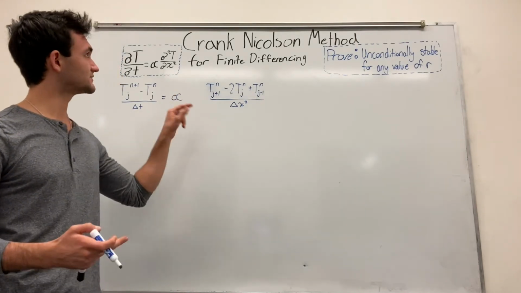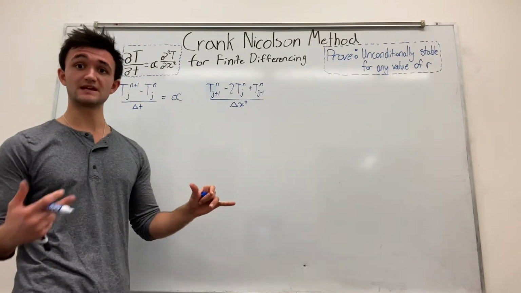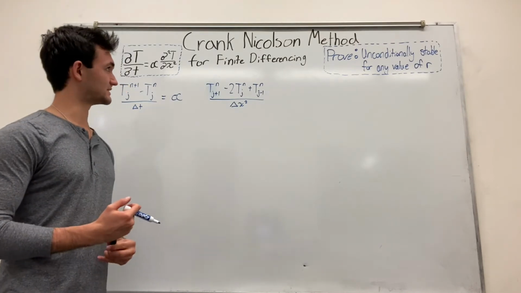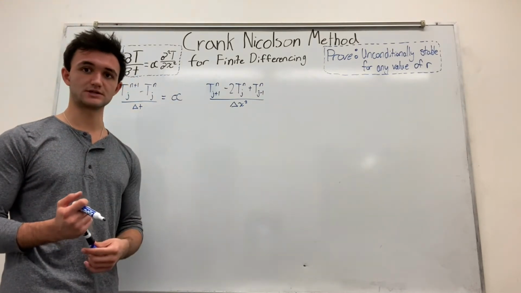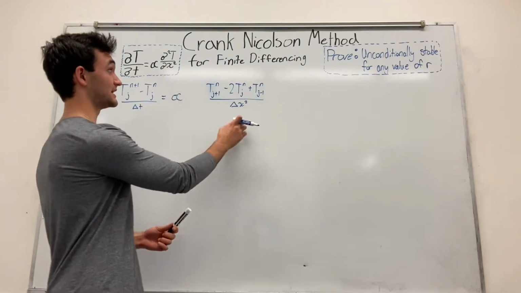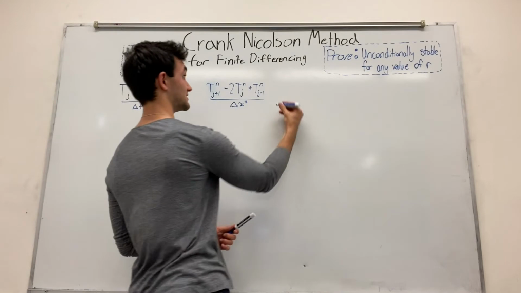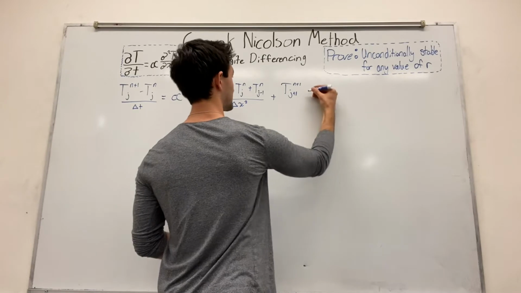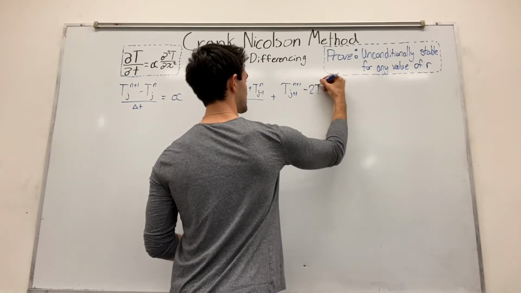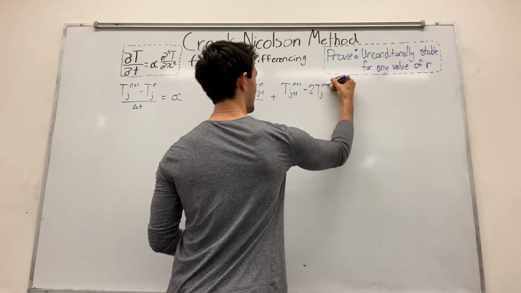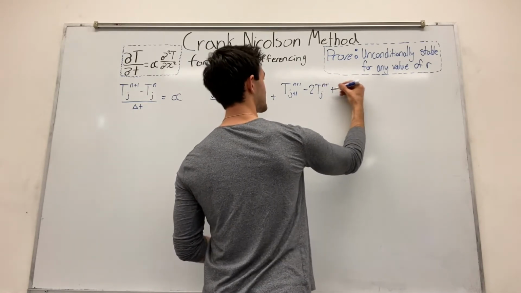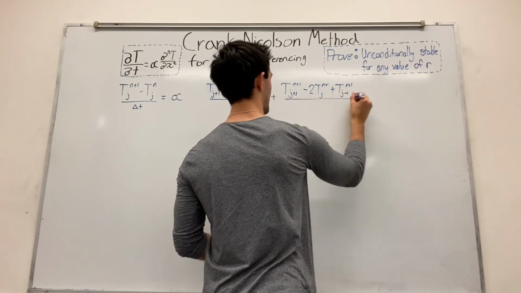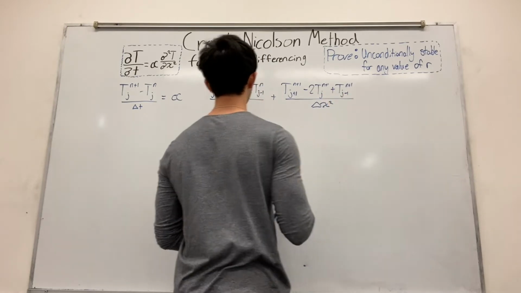And the Crank-Nicolson method basically states that we take it over a larger period of time and we take an average of that in order to get a more accurate finite differencing equation. So we're going to go one time step in the future of this whole term. It's going to be, again, the temperature of the block in front, one time step in the future, minus 2 times the block of interest, one time period in the future, plus the temperature of the block to the left, one time step in the future, and again, all over your position squared.